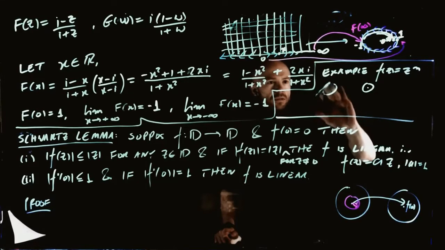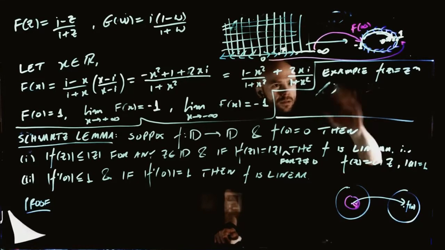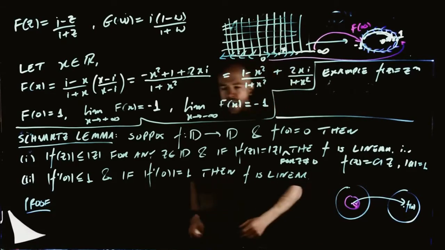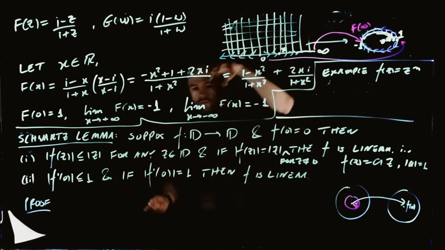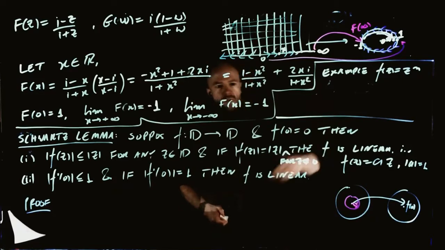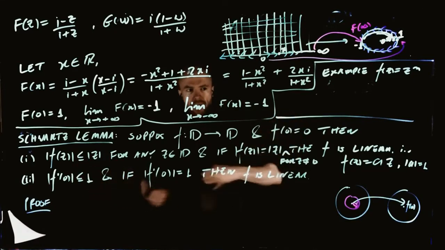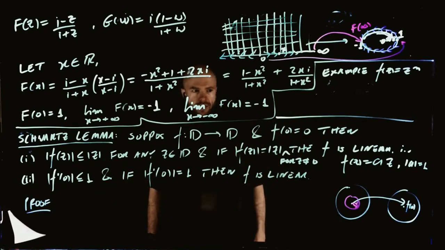All right. So what this says is that if we are mapping from the disk inside the disk, with 0 sent to 0, then it's contracting space at all scales.